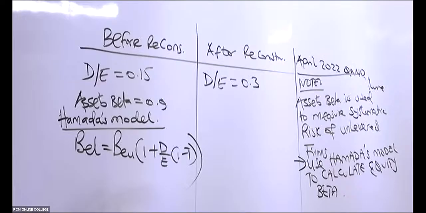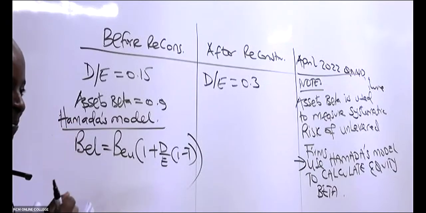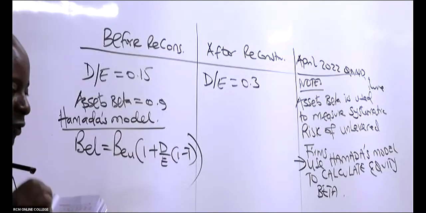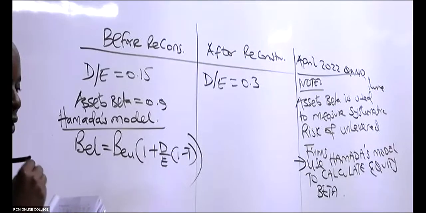So we are using Hamada's model, and this Hamada's model looks like this. Great. So Hamada's model: BEL should be equal to BEU into 1 plus debt over equity, into 1 minus tax. This BEL stands for beta equity of a levered firm.